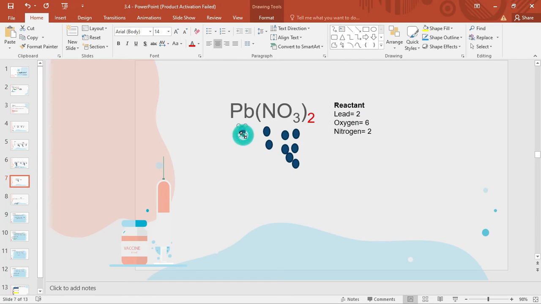It's a mistake, because the 2 here is only for the NO3 bracket. That's why there is a bracket, so the 2 is only for NO3. Until here everyone can understand? Can, teacher.